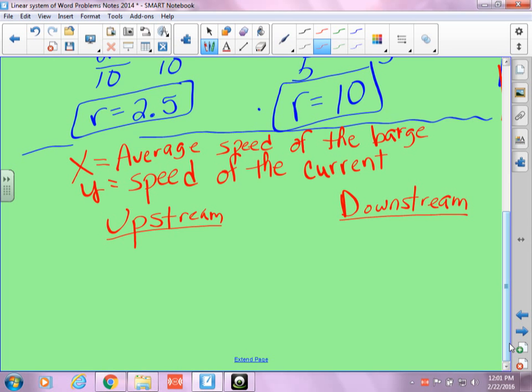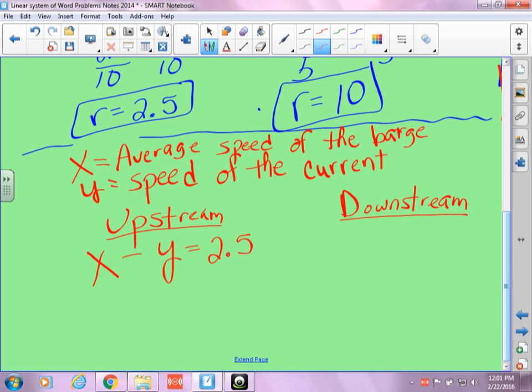So now I'm going to do my upstream, downstream. If I'm going upstream, here's the speed of the barge, and what does the speed of the current do to my vessel? It's going to push against it, right? So I'm going to go x minus y equals 2.5.